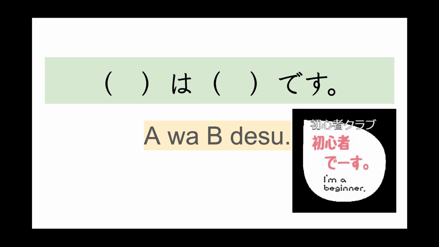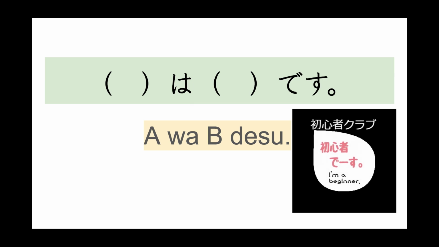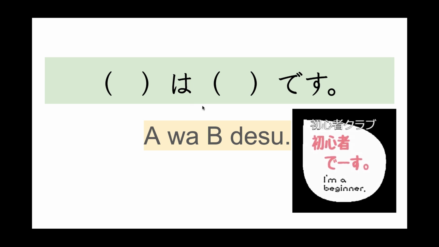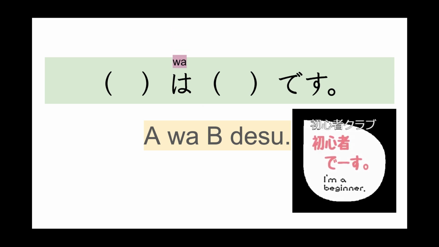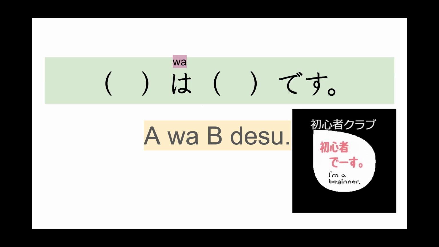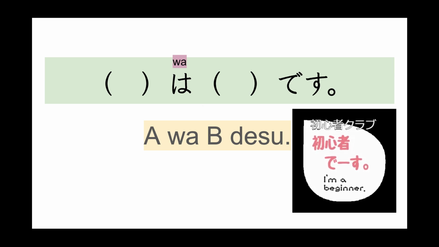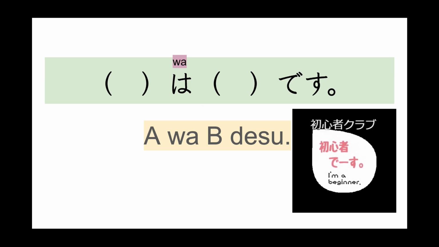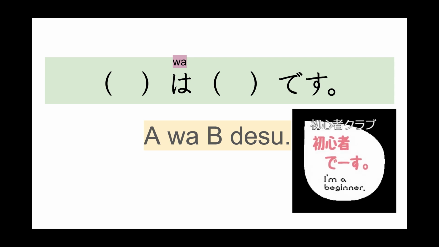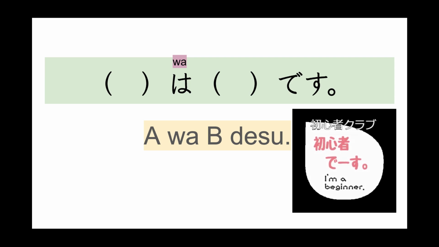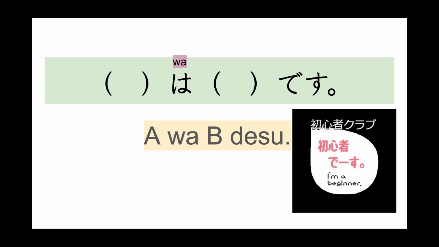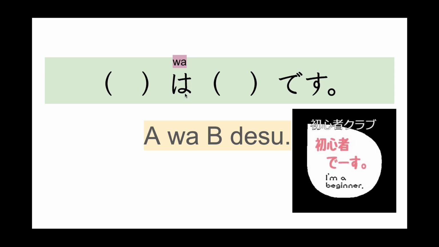But when we make a sentence like this one, you read this hiragana as wa, because this is something called a particle. We have another particle in this video that we're going to learn, but this is your very first particle. So let's read this. Blank wa blank desu.